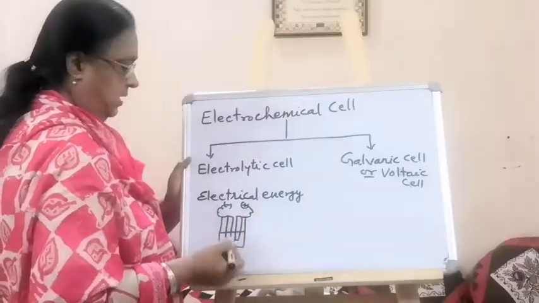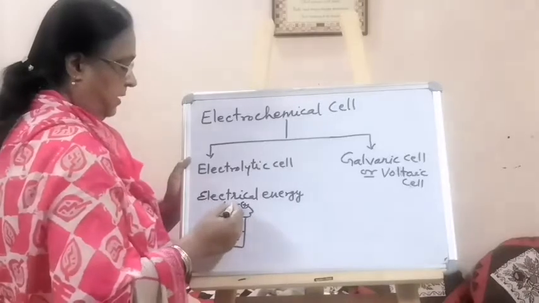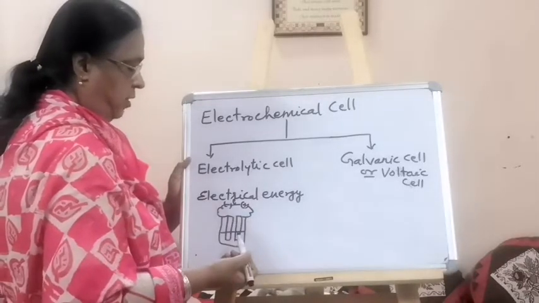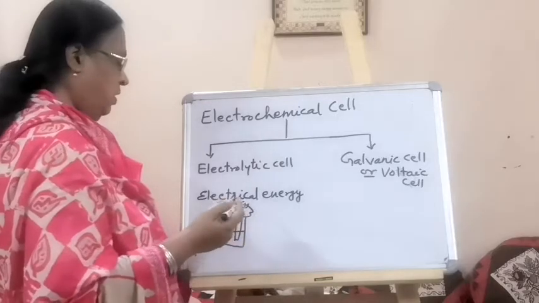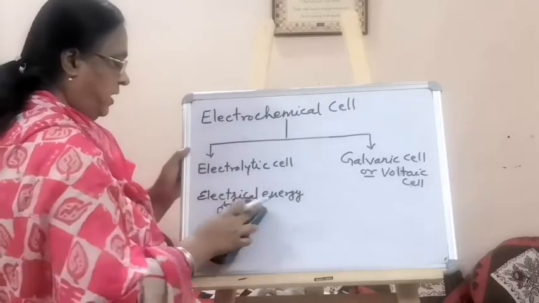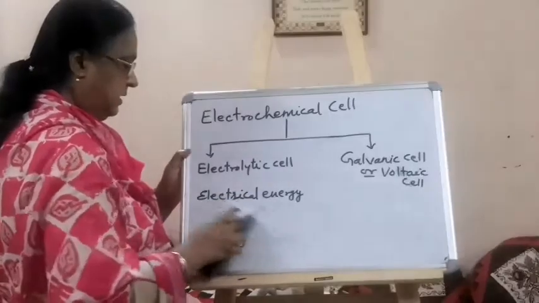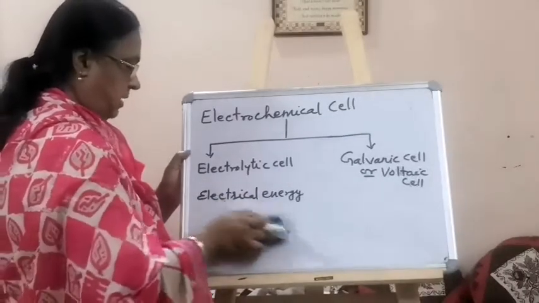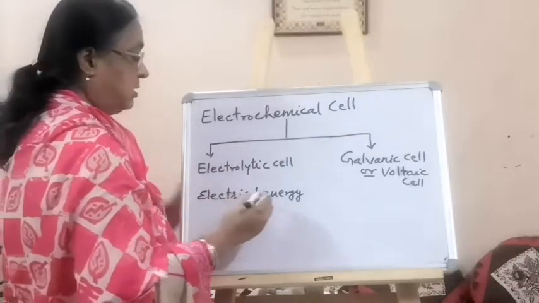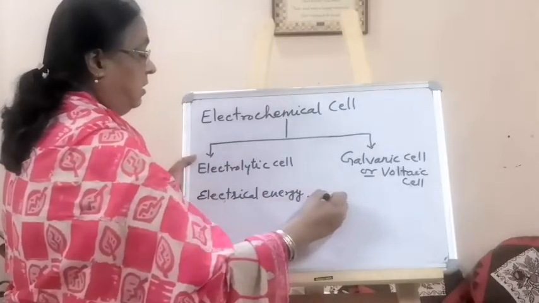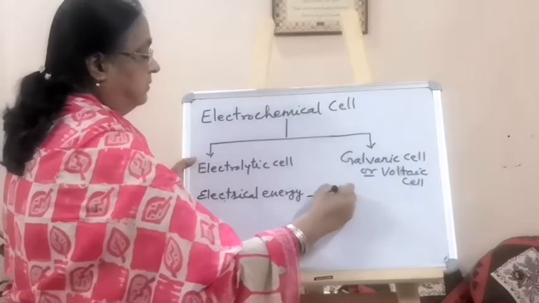When the circuit is complete, the bulb will glow and the current will flow. In this case we are using an external source of current, that is a DC current, a battery. So in this case electrical energy is converted into chemical energy.